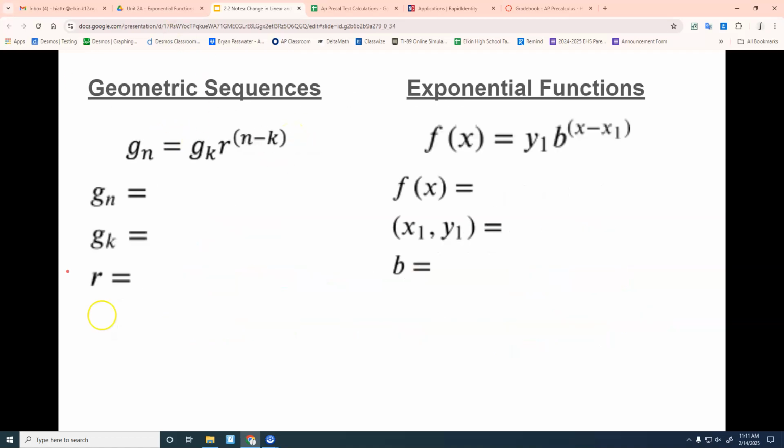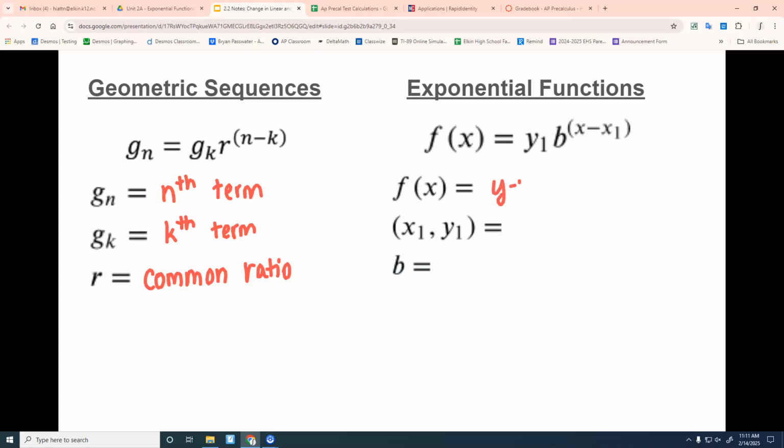Let's think about this formula right here. Again, g sub n is your nth term. g sub k, what would that be? It'd be the term that you know, your kth term, which could be the second term or the 8th term or the 9th term, whatever they've given you, and r is still common ratio. You could also write this in sort of a point slope-ish sort of form.